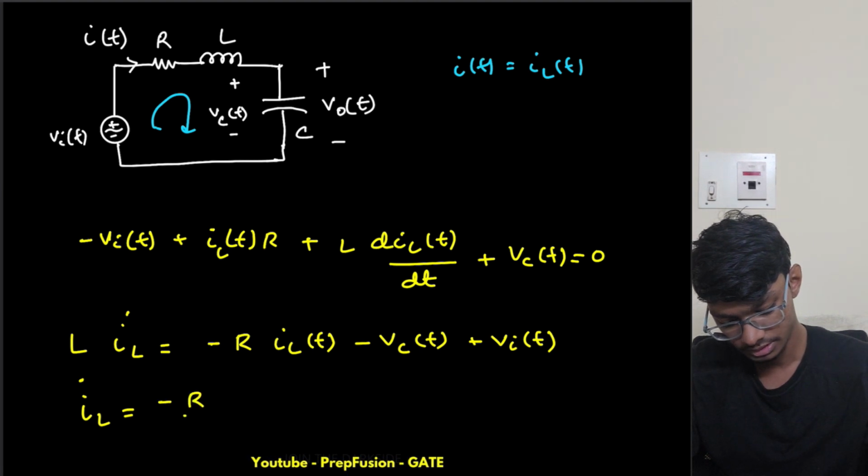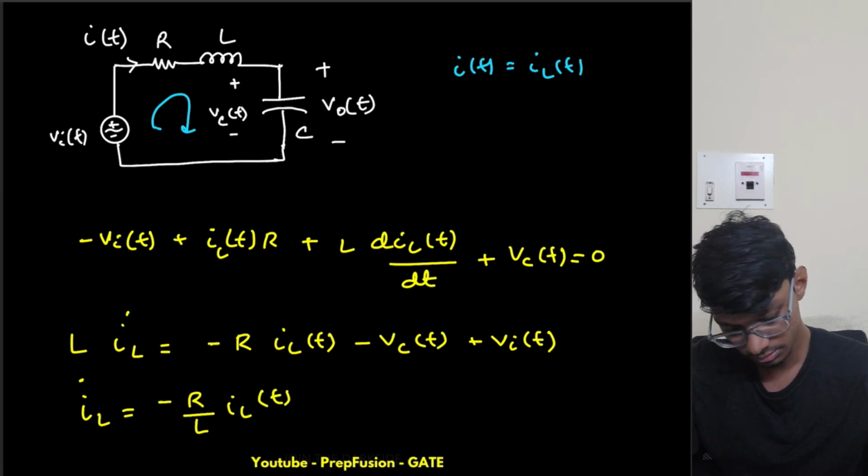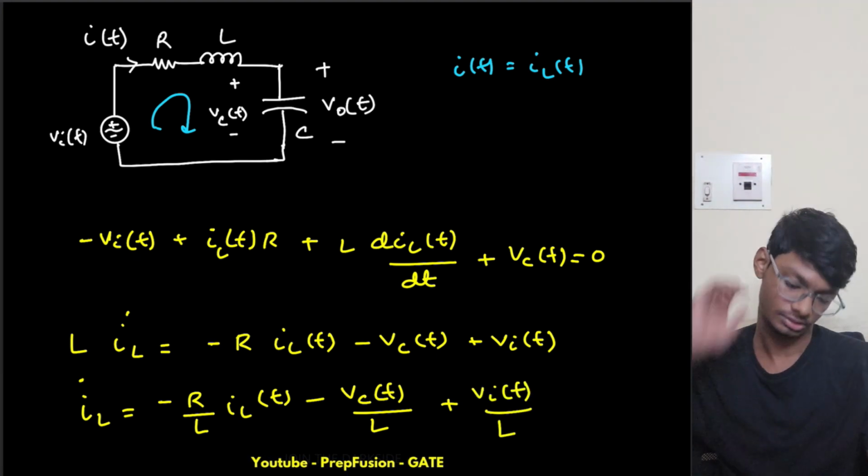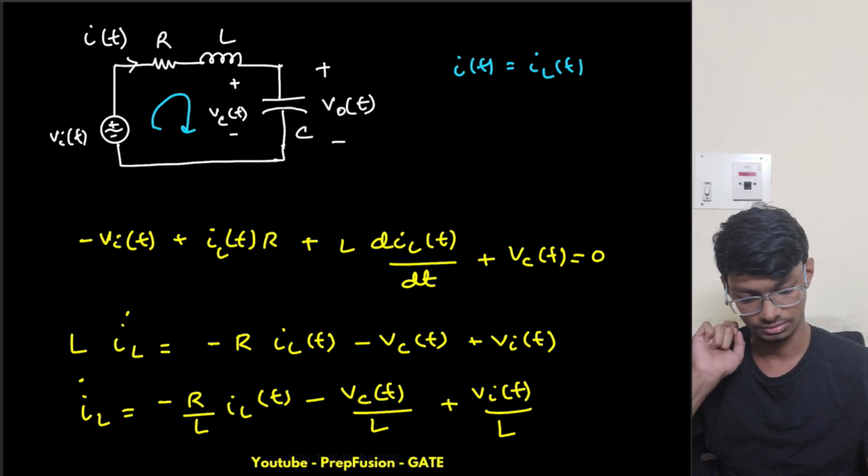This becomes minus R by L IL of t minus VC of t by L plus Vi of t by L. So this is my first state equation.